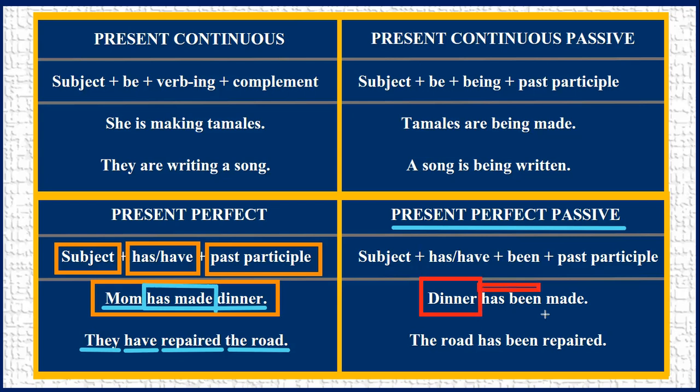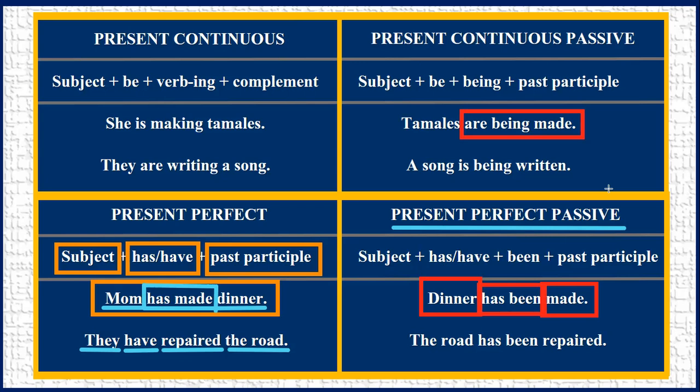Yes? Now, we have dinner. We have has been. Yes. And we have made. As you see, in this case, we have three verbs. The same here. Yes? Three verbs for the passive voice. Yes? Now, we have verb be, we have auxiliary verb, and we have the participle.